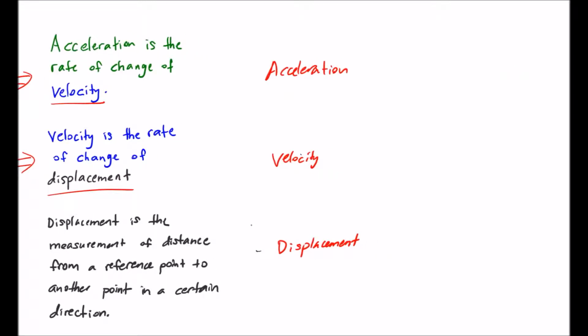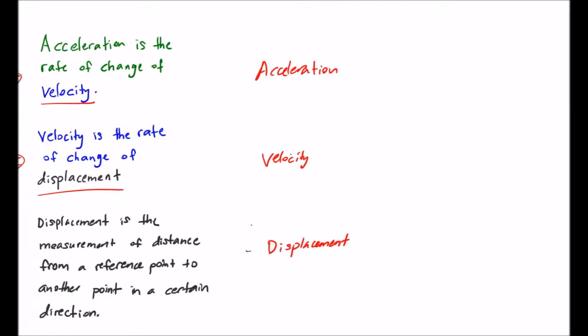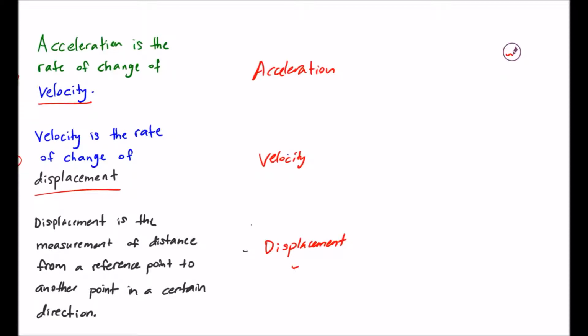What do I mean by three different levels? The unit of displacement is meters, the unit of velocity is meters per second, and the unit of acceleration is meters per second squared.